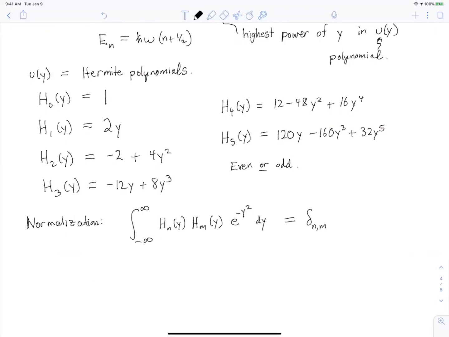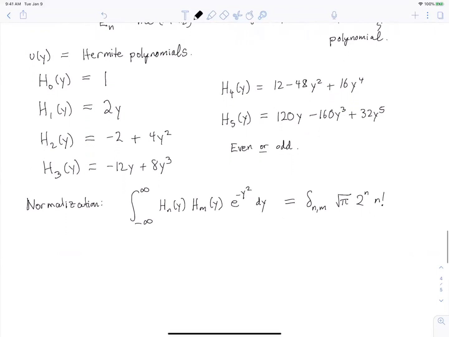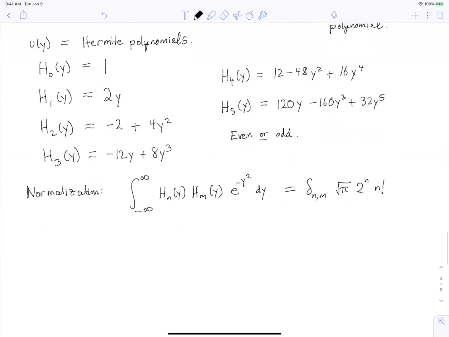And then there's a weird factor which turns out to be square root of pi times 2 to the nth power times n factorial.